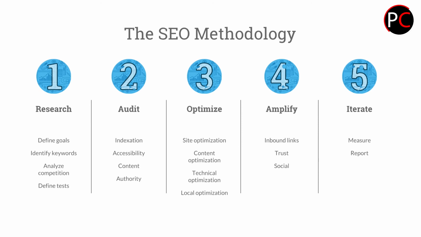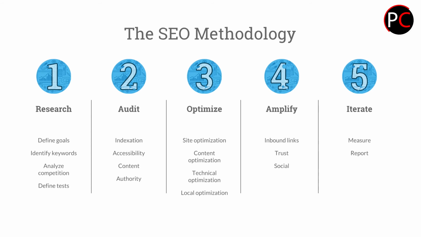The next phase is to do a very comprehensive site audit. In this case, you would be looking at inhibitions to whether or not you're indexed, whether your site is accessible, what your content is like, and do some analysis of the authoritativeness of your links and your link building process. So research first, and then do a site audit.